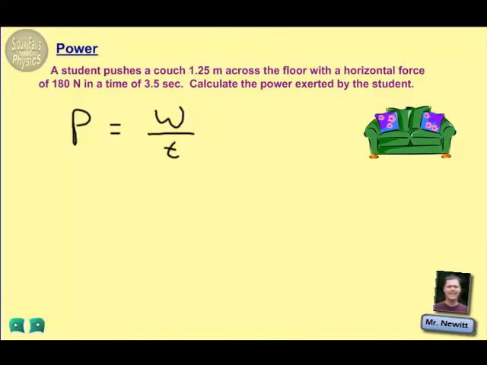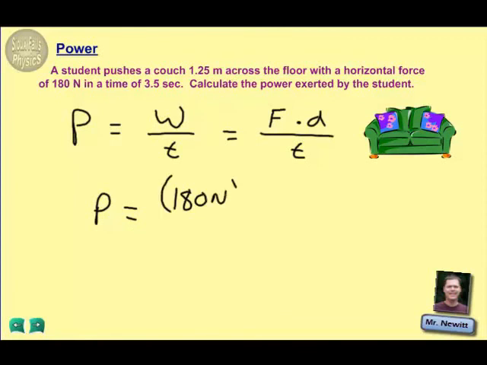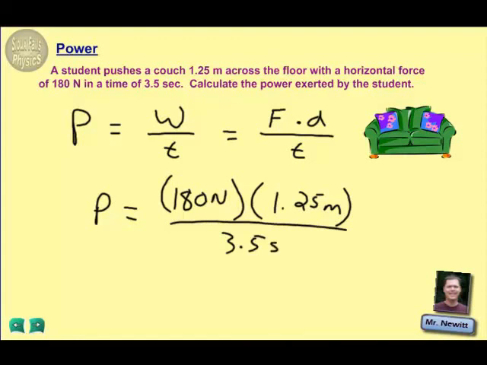All right, and we know that work is simply equal to the force applied times the distance that it's applied over, and again, divided by that time. And so we're given all three variables there. We know that the force that's applied is 180 newtons, that the distance that the couch is pushed is 1.25 meters, and that the time it takes to do all this is 3.5 seconds.